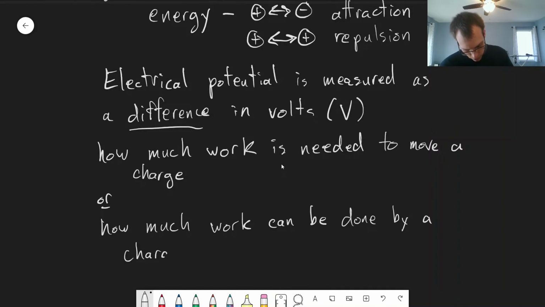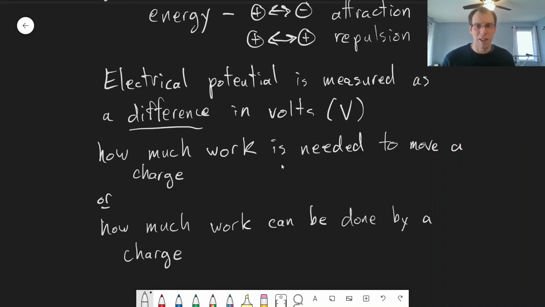Whether it is the work that's needed or the work that's done by the charge, this has to do with the attraction or repulsion. If there's an attractive force, then the charge can do work as it moves through the circuit. But if there's a repulsive force, you need to force the charge to go through the circuit, and you need to supply energy in some way.